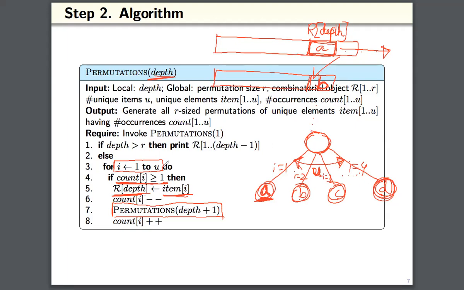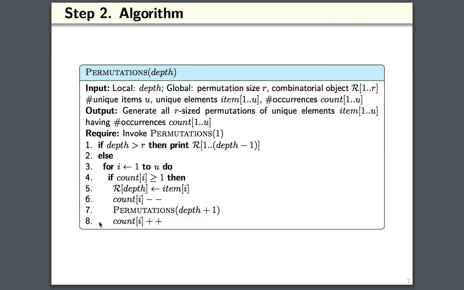So the branch factor is at most u. Why at most u, not exactly u? Because depending on this constraint, it may or may not call the function. So it is at most u. Make sense? So this is the high level idea.